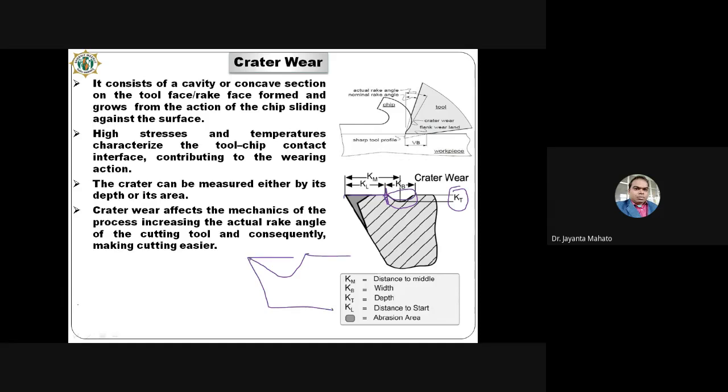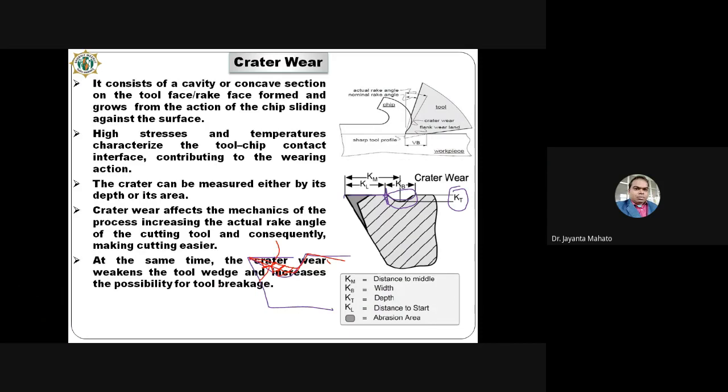Suppose before the crater it is the red line, and after the crater the tool will wear like this, and this rake angle will increase effectively.